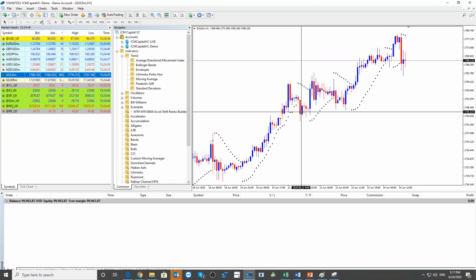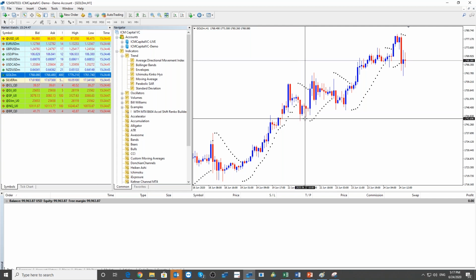So better to take a bar chart or a candlestick chart, which will give us the high and low price levels, which you can keep as your entry level.